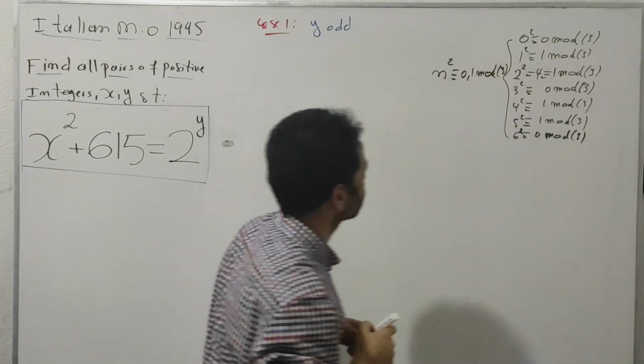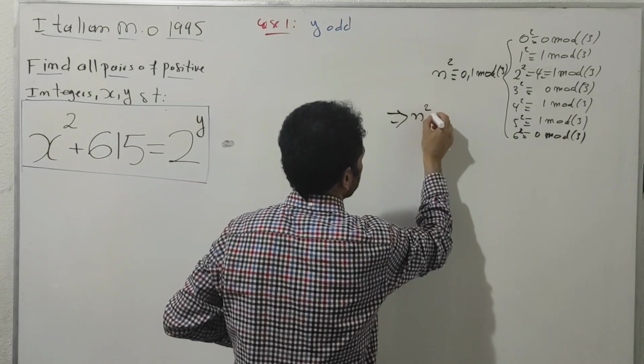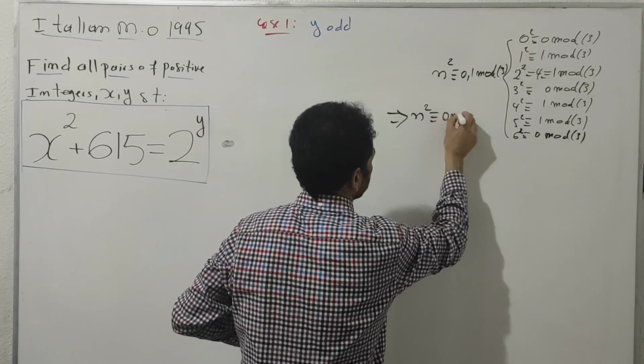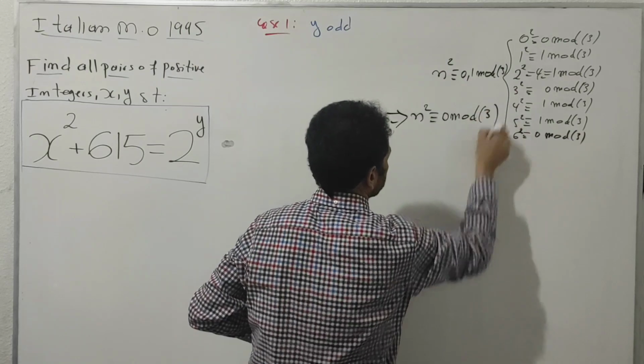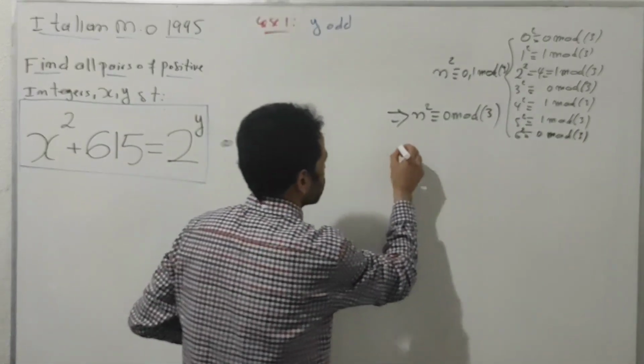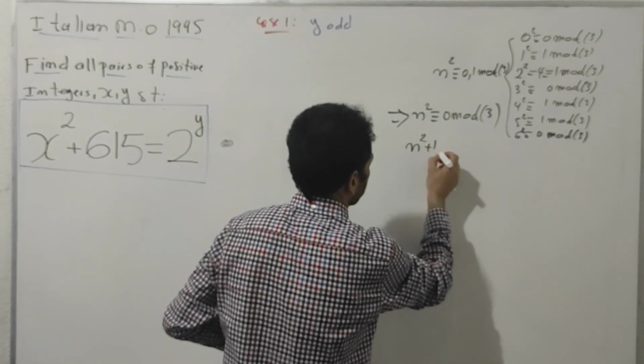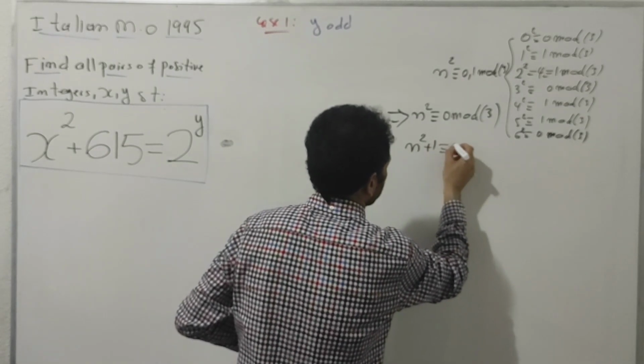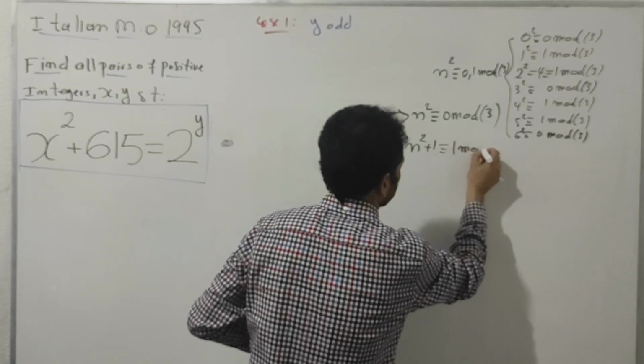That means n squared is congruent to 0 mod 3. Okay, I'm going to add number 1 on both sides. So I will have n squared plus 1 is congruent to 1 mod 3.